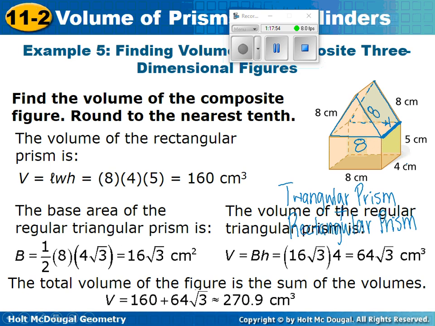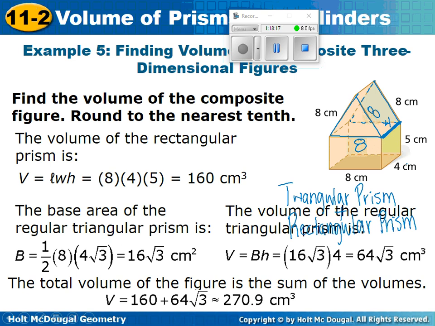Okay, the cylinder is going to be different. We're going to actually come up with the formula for the cylinder. I told you to use capital B, surface area PH plus 2B, but we can simplify that since it said specifically a cylinder. So surface area is capital PH plus 2B.